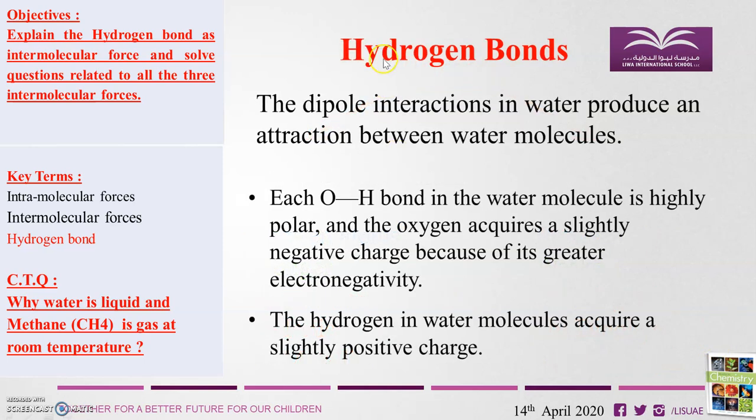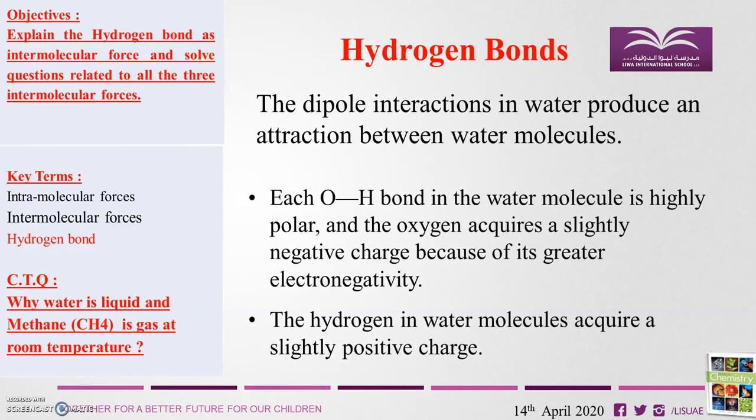For hydrogen bonds, what I want you to know is that the hydrogen bond is a special type of dipole-dipole interaction. Why is it a part of dipole-dipole interaction? Because a hydrogen bond forms because of attraction between two molecules.